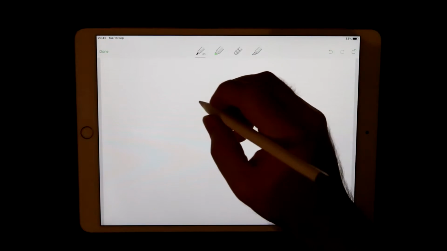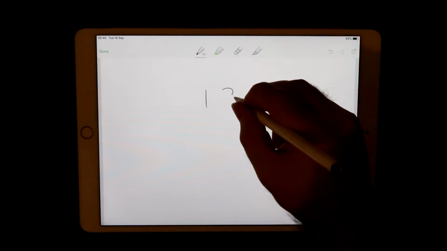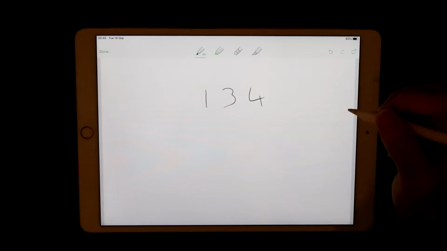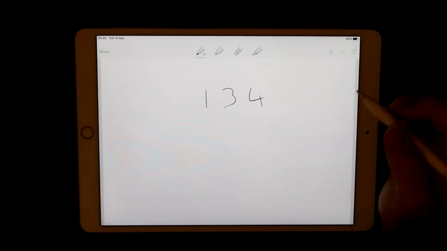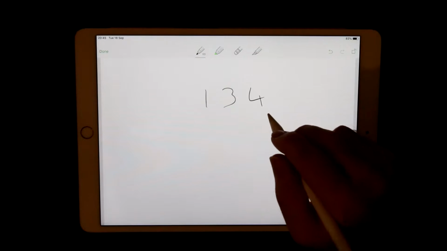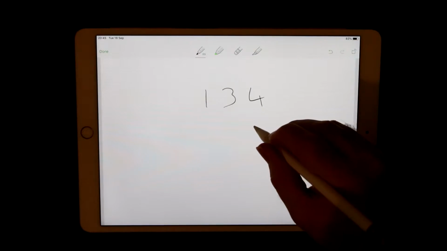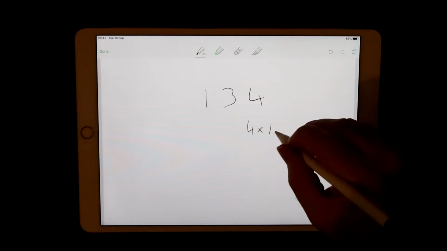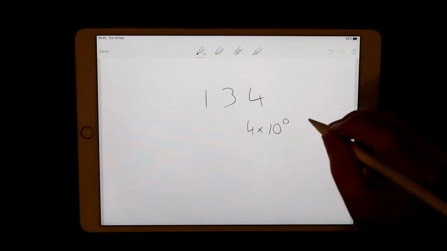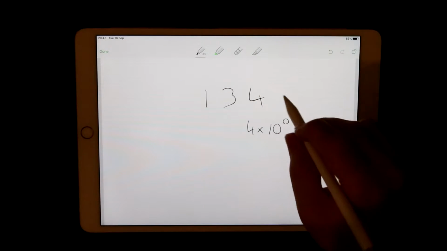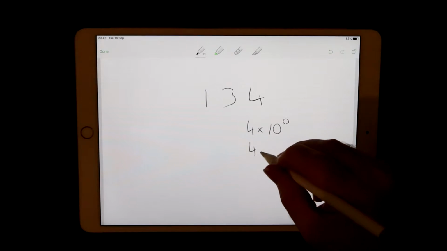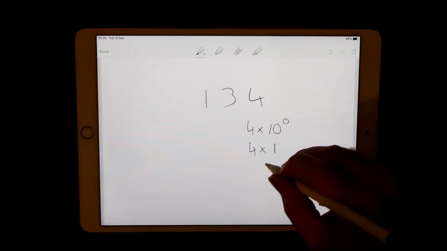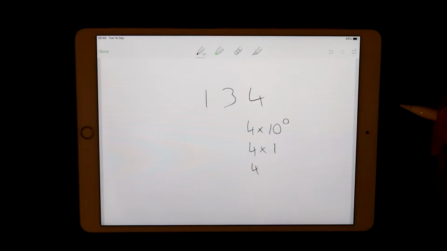So where in our previous 1, 3, 4, we have the rightmost or least significant digit representing 4 multiplied by 10 to the power of 0, because it is in the 0th position, which is 4 multiplied by 1, or simply 4.